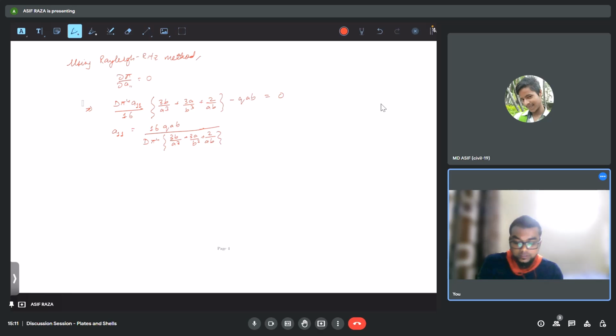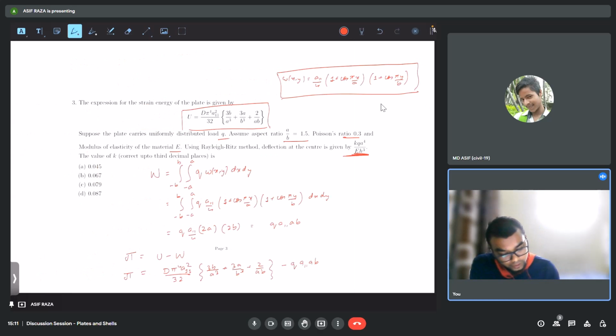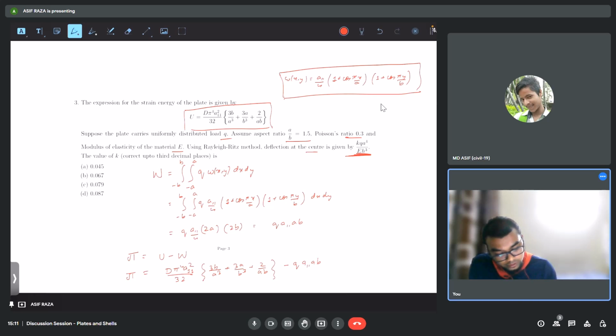Right, so we need to find deflection at the center. So deflection at the center would be w(0,0), that would be a11 by 4 times (1 plus 1)(1 plus 1), that is a11.